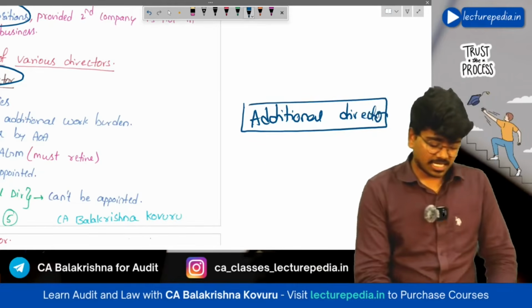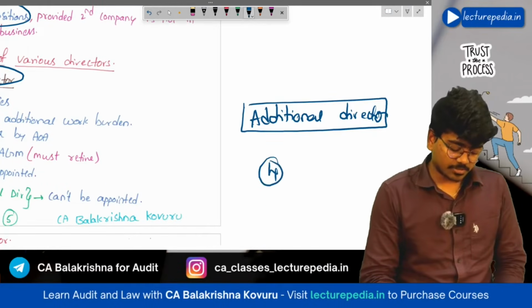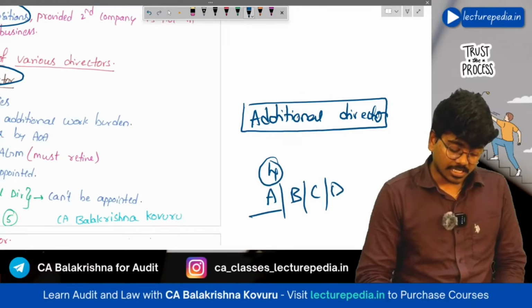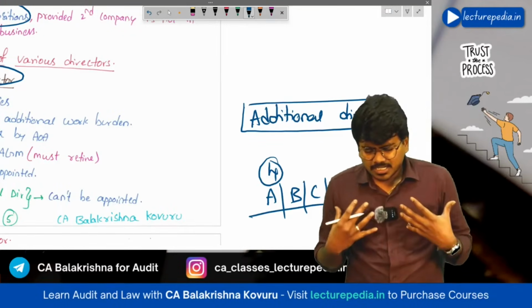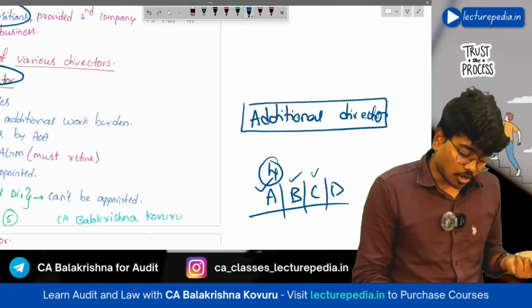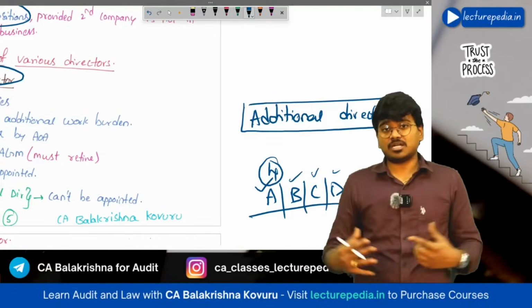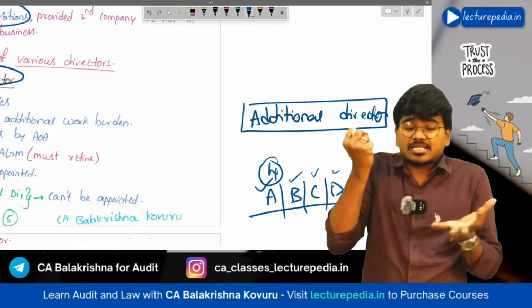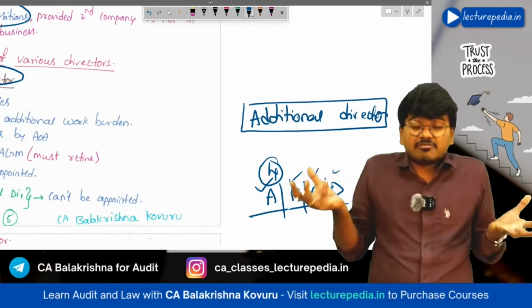Let's say the company is having 4 directors, Mr. A, Mr. B, Mr. C, Mr. D, and the work burden in the company is so heavy that these directors are not able to manage this work. They are feeling that there has to be another director in the company to share the work.